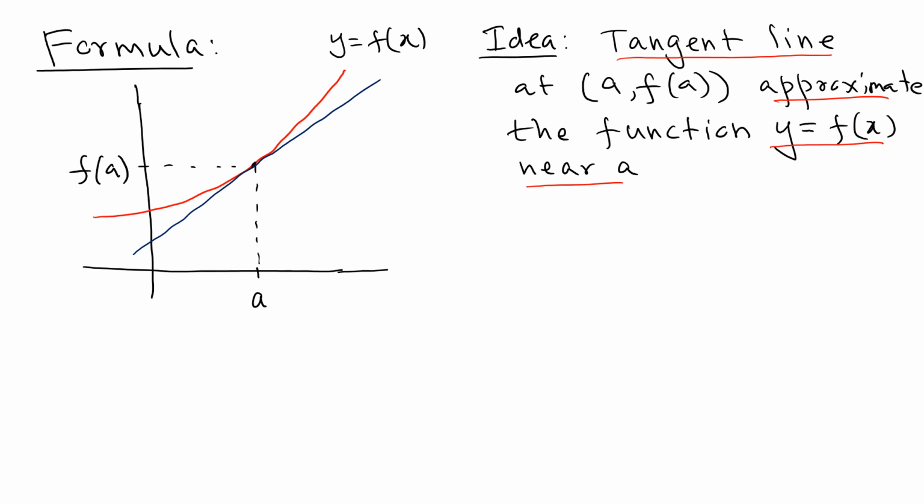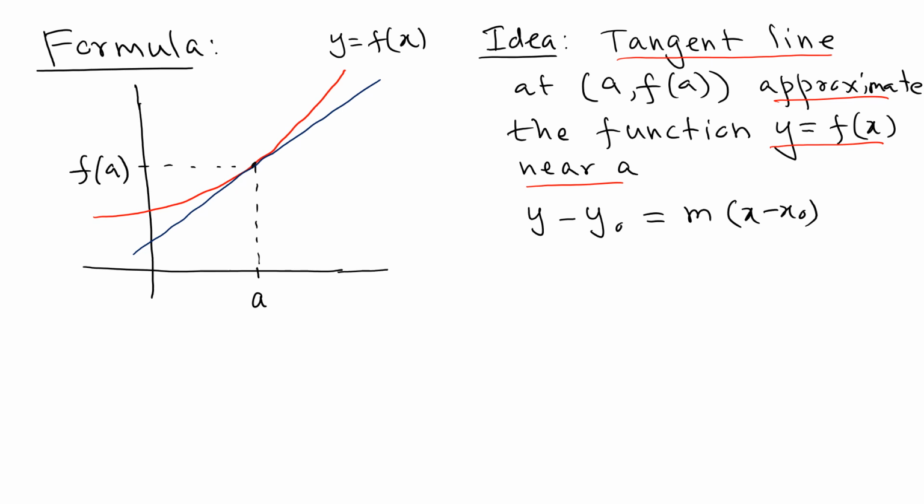All these are very important, so let's derive the formula. It's not that difficult. When you want to write the equation of a tangent line, we start with y minus y naught equals m times x minus x naught, which is the equation of the line through the point (x naught, y naught).